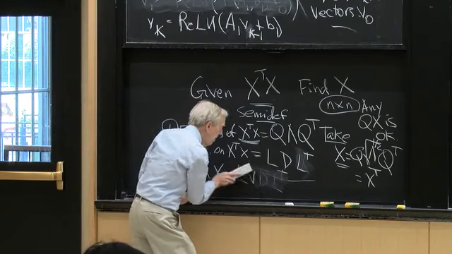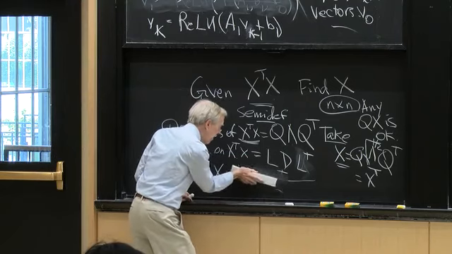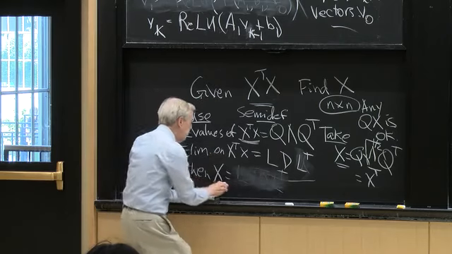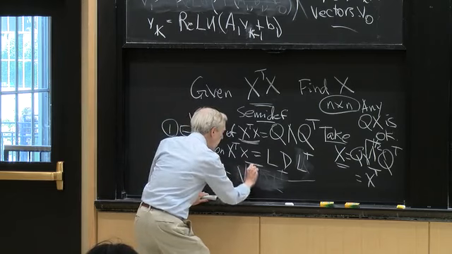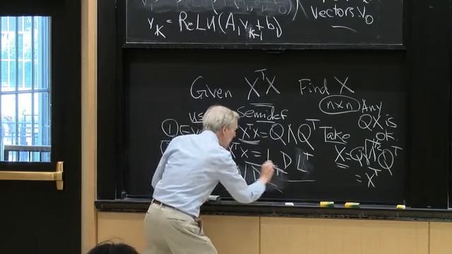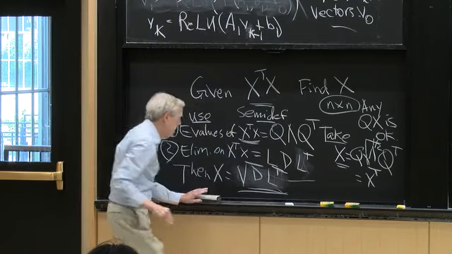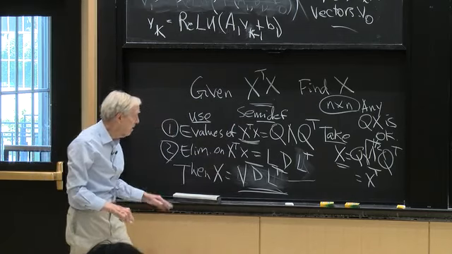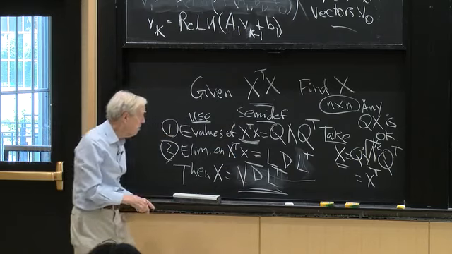No, sorry. Let's get that totally erased. The X part should just be the square root of D times L transpose. The X is now a triangular matrix: the square root of the pivots and the L transpose part.